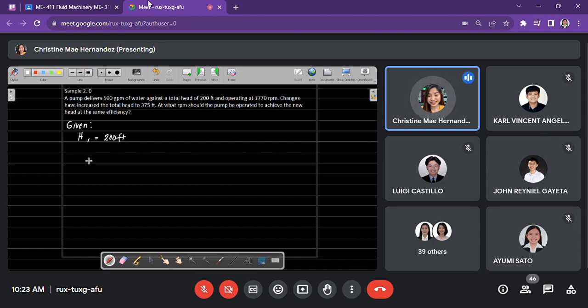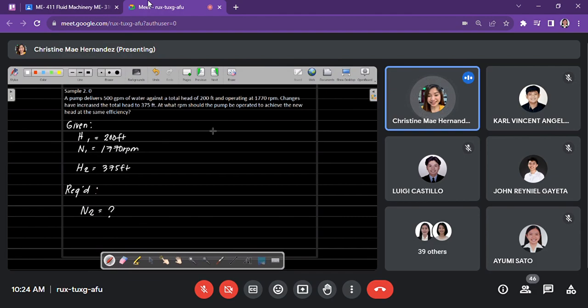And yung speed ni unang pump ay 1,770 RPM. Ngayon, ang changes daw have increased the total head to 375. So, ang ating head 2 ay 375 feet. At what RPM should the pump be operated to achieve the new head at the same efficiency? So, ang ating required or unknown ay speed ng second pump.